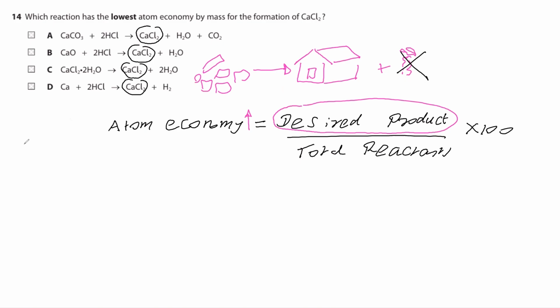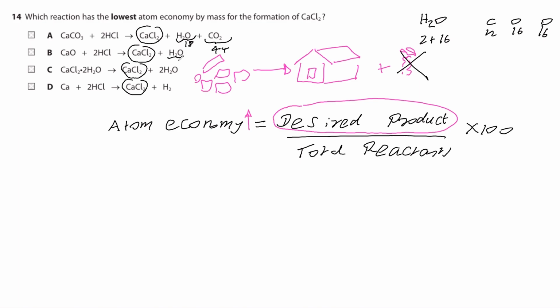So when I look at this one, calcium chloride is my desired product. Here I have waste material of 18. Water molecule, if you do the molar weight, is 18, because oxygen is 16, hydrogen is 1, there are 2 of them, 16 plus 2 is 18. The molecular weight of carbon dioxide: carbon is 12, oxygen is 16, another oxygen is 16, add them together is 44.